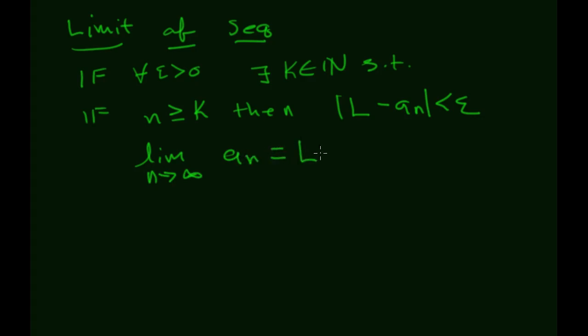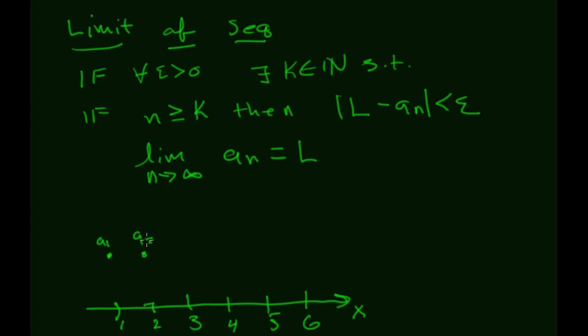Okay, so essentially what we're saying here is, as this is like my x-axis and I'm counting up 1, 2, 3, 4, 5, 6, and my values at 1 is a sub 1, a sub 2, a sub 3, a sub 4, a sub 5, a sub 6, and I say, okay, this is L. L is here.